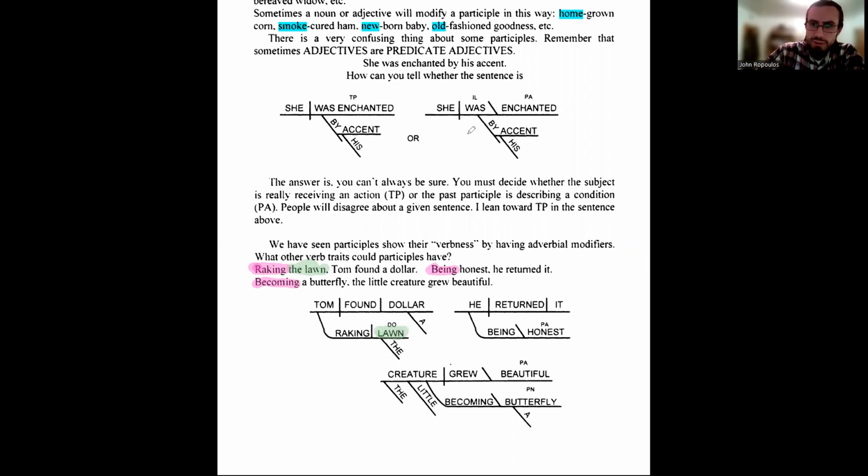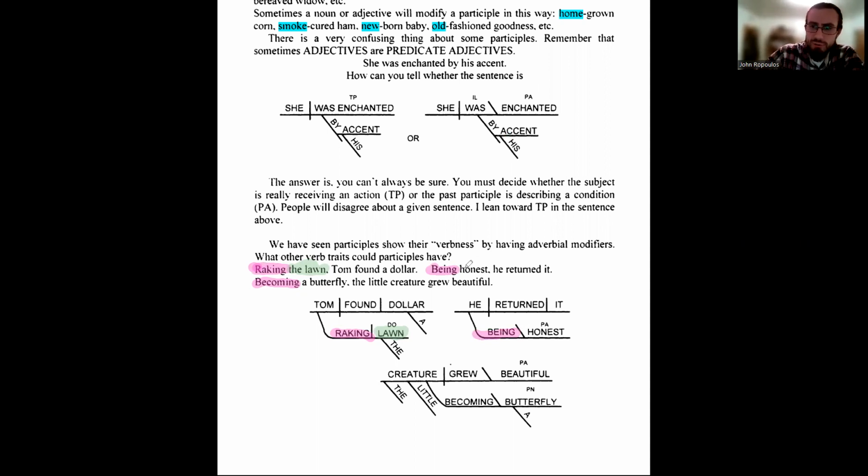So you see that the participle is going to go under, just like an adjective, but now it has a direct object. No problem. It has verbness. Remember, same skills you learned earlier and before. You're just applying them. It's a little tricky, a little more complicated, but basically it's the exact same. Being honest. So we have being. Well, what is honest? Honest is an adjective, right?